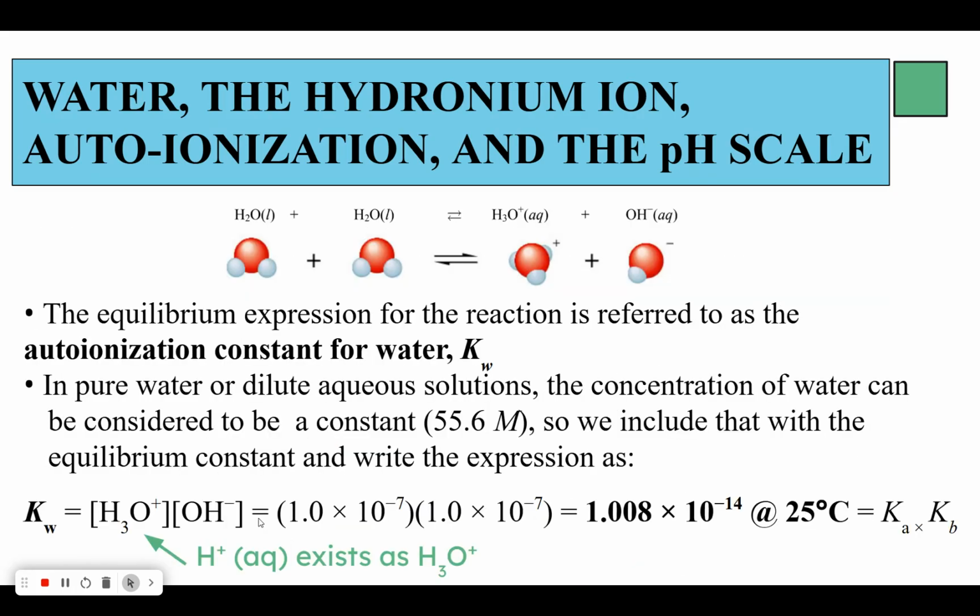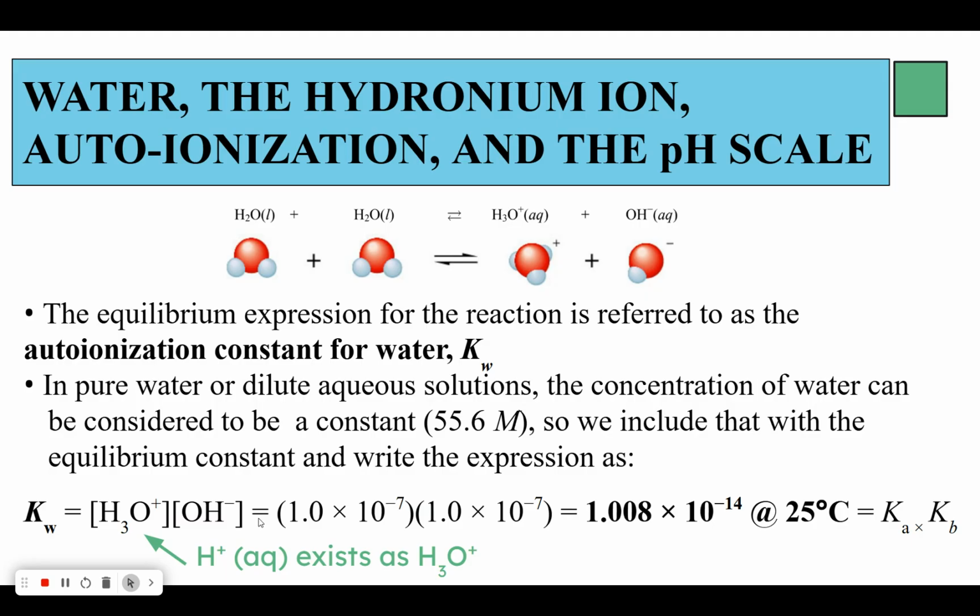But of course, chemists, we do. And so this autoionization is a reaction, which means we can write an equilibrium expression for it, the K expression for it, and you see that down below, Kw equals H3O plus times OH minus. H3O plus is the way that the H plus actually exists in nature, in real life.